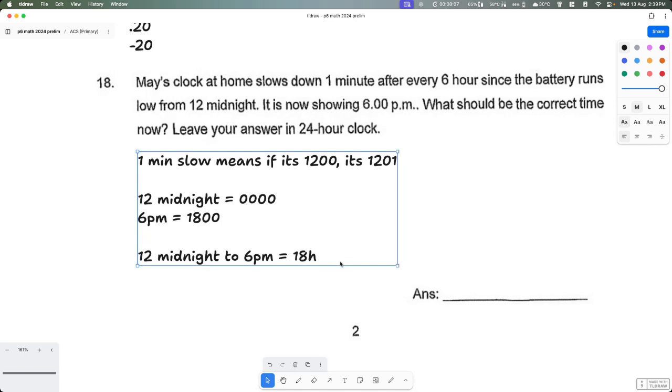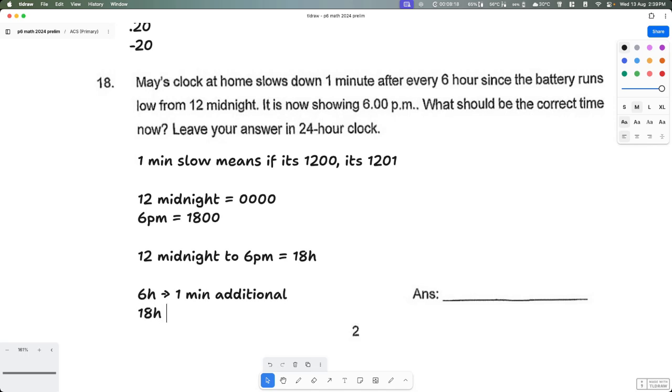From here, we know that every 6 hours will be 1 minute additional. So 18 hours is 18 divided by 6 times 1, which is 3 minutes additional.